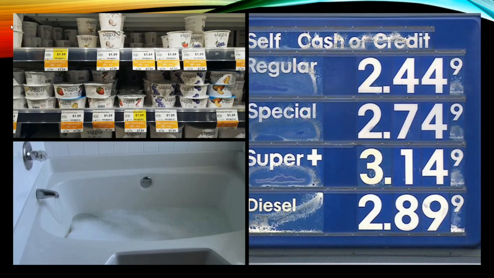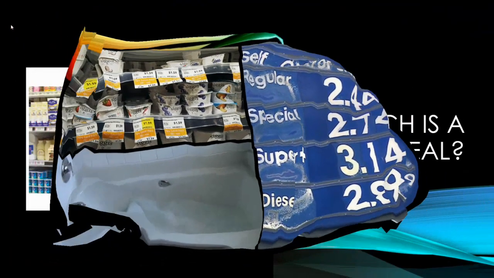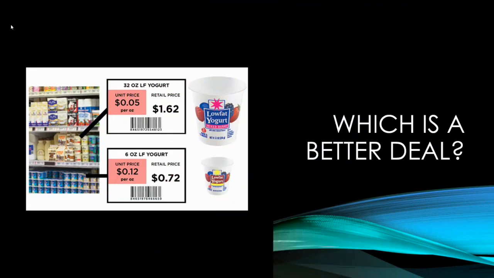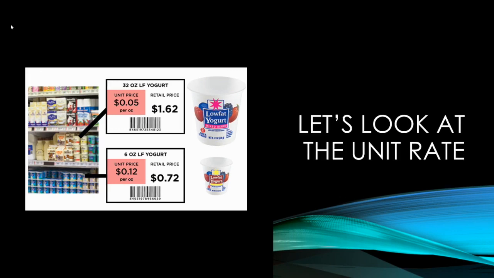Today, we're mostly going to talk about price. So again, we're comparing the amount of an item. Today, we're talking about yogurt with the amount of money. So here I have two yogurts, and I want to know which one is a better deal. So we have to look at the unit rate.